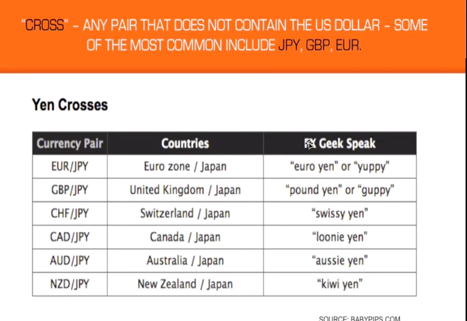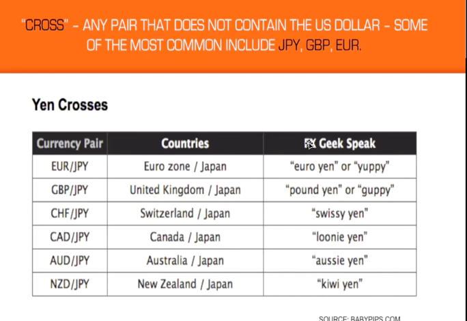Then there are currency pairs that don't contain the US dollar. These are referred to as crosses. Now you have things like yen crosses. Yen crosses simply refers to the currencies that are paired with Japanese yen that do not include the USD JPY.